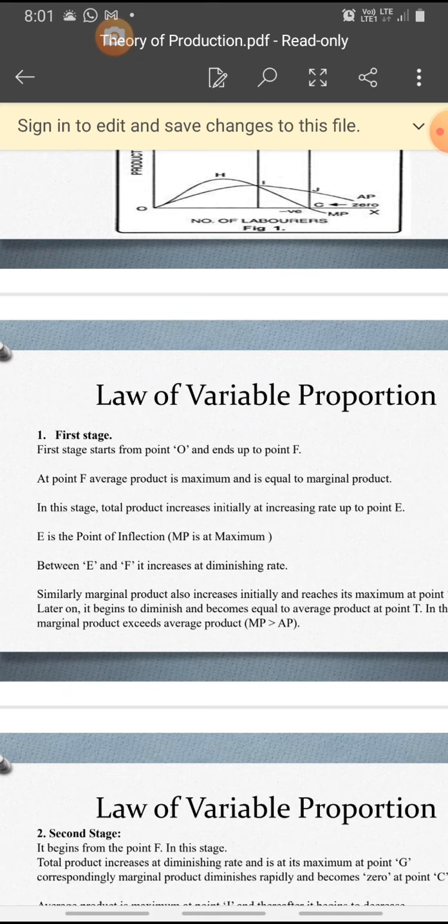Then between E and F, it is increasing at a diminishing rate.